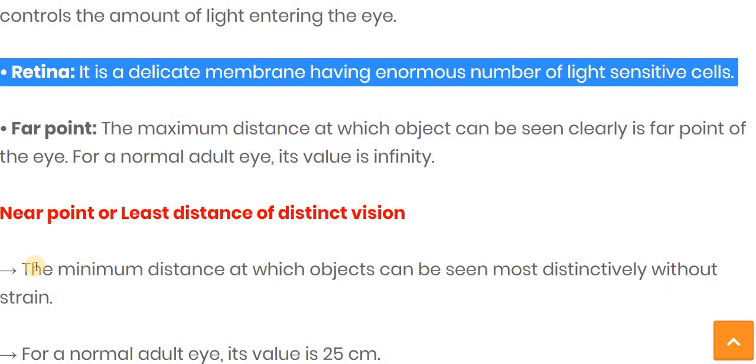Then the next one, the retina. The retina is a delicate membrane-like structure which possesses a number of light-sensitive cells, that is cones and rods.